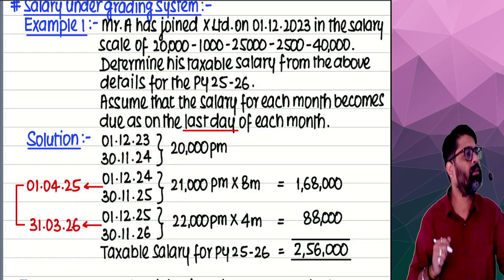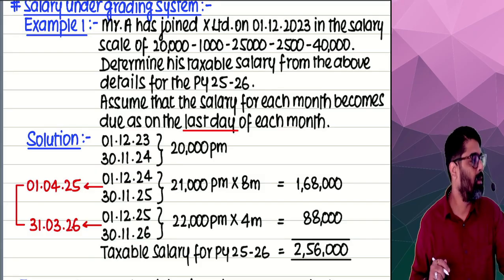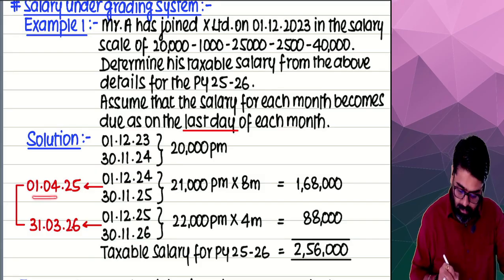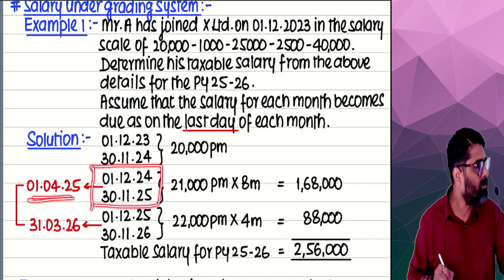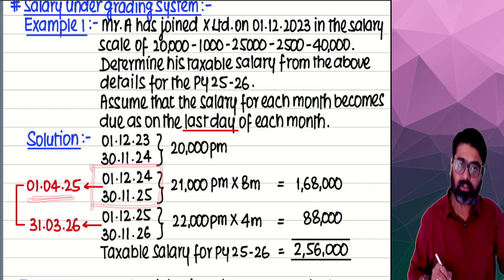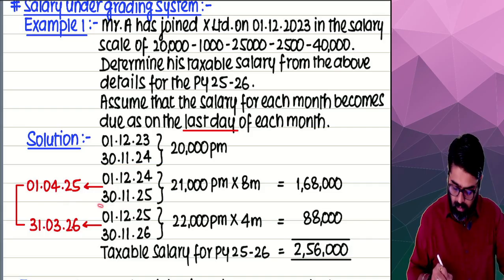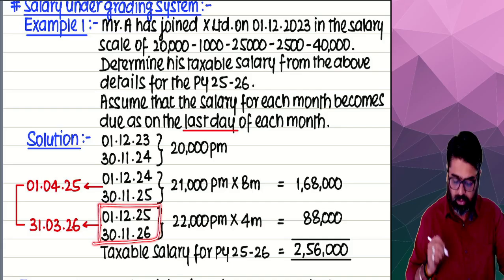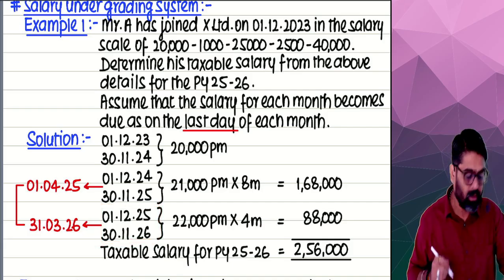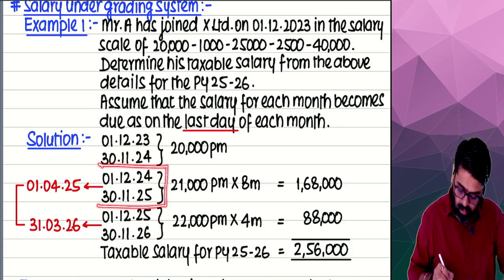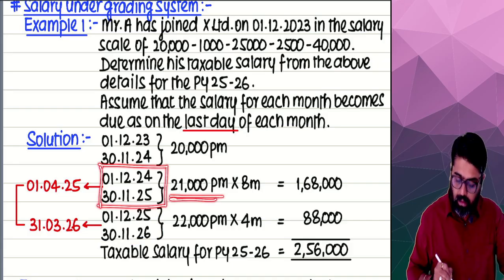My previous year will start from 1st April 2025. Can I say 1st April 2025 will come between these two dates? And 31st March, my previous year will end. So 31st March will come between these two dates. Getting my point? From this date to this date, the salary was 21,000.